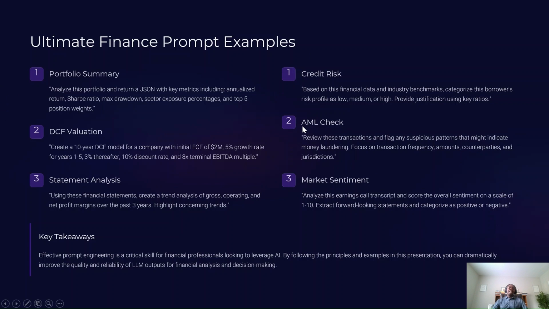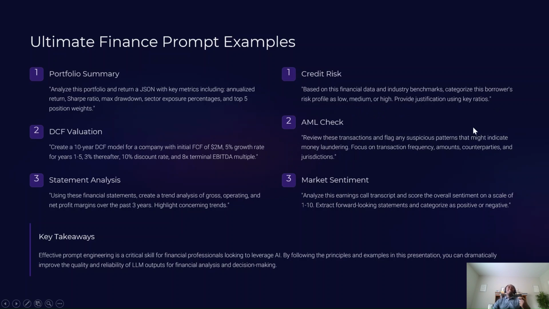Now, these are examples that I just came up with that maintain those five principles we discussed. Let's take one here, credit risk. Based on the financial data and industry benchmarks, categorize this borrower's risk profile as low, medium, or high. Provide justification using key ratios.